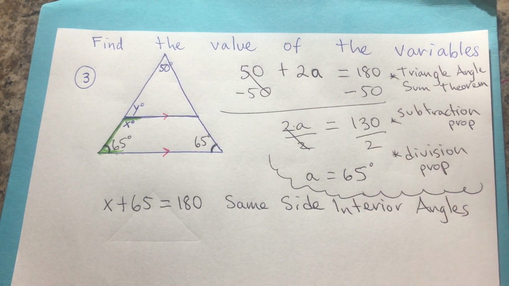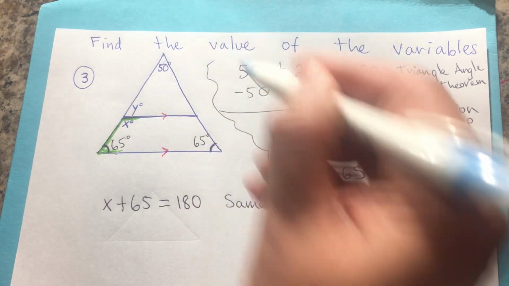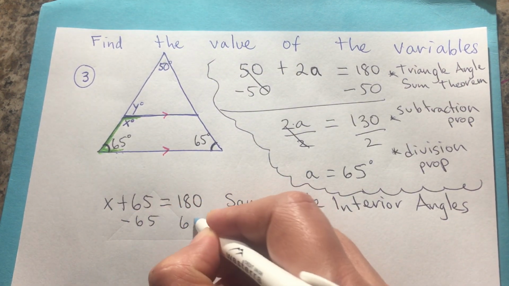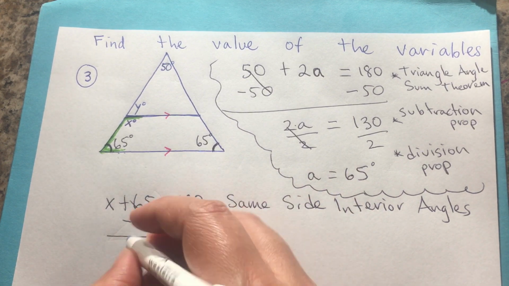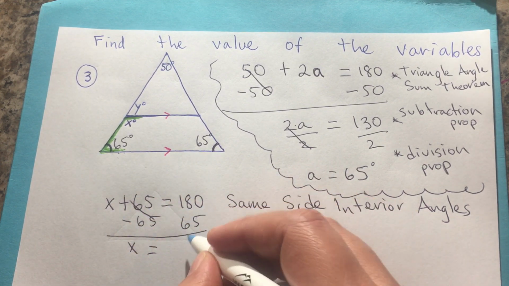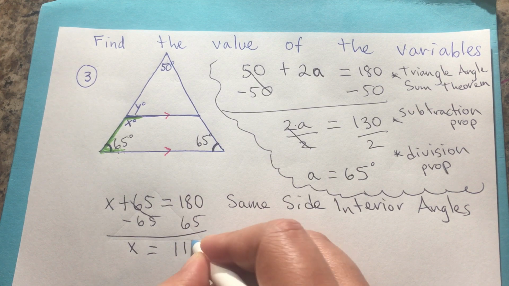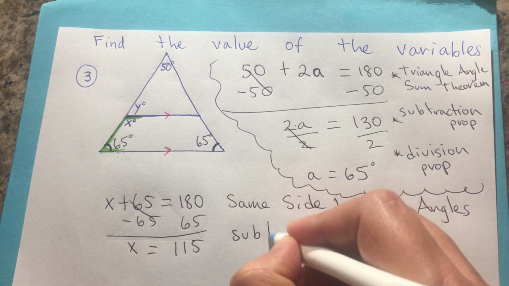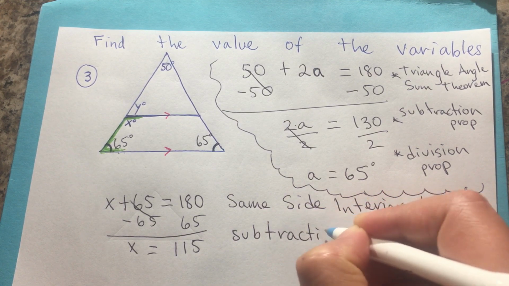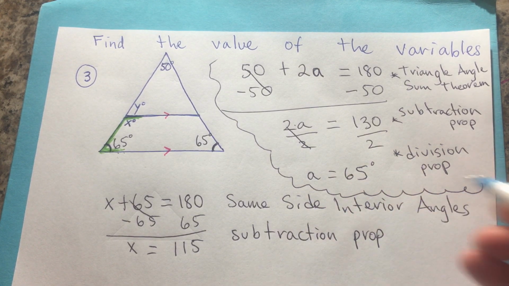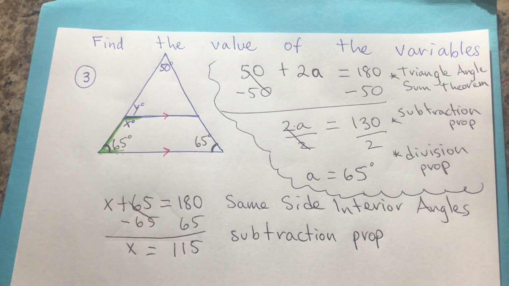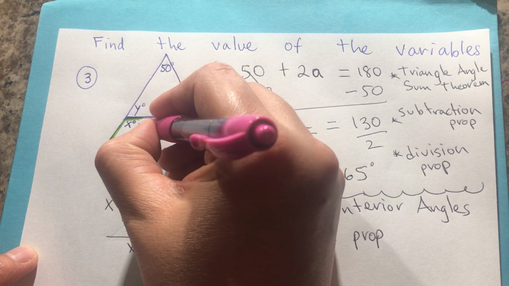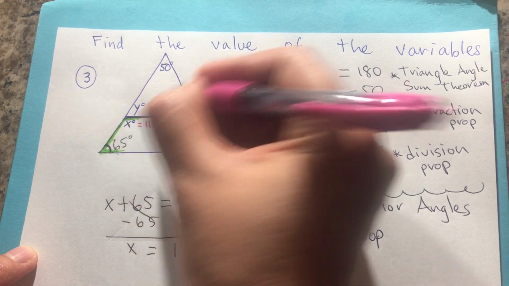Okay. And we subtract from both sides the 65, and x is equal to 115. Okay, and this is using the subtraction property. So we already have x, which is equal to 115 degrees.